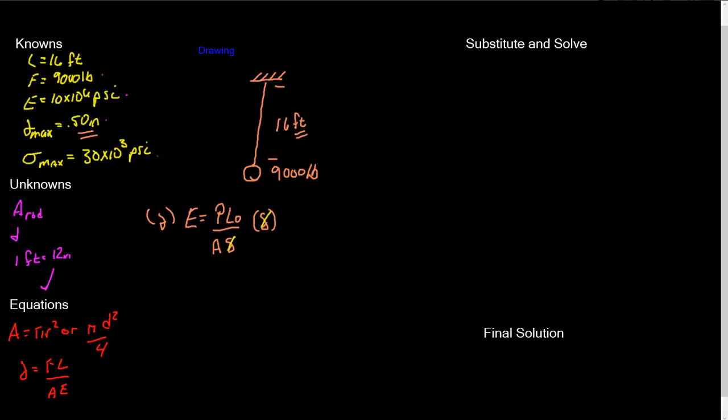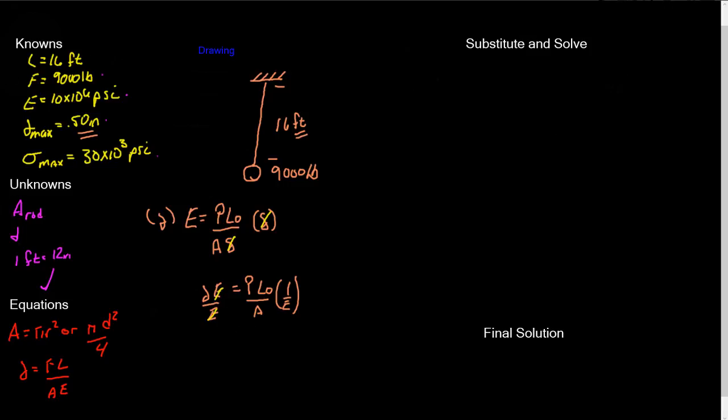Now I'm left with the equation that my delta times E equals the force times the length original divided by the area. Now let me go ahead and divide both sides by E. Once again, you'll see they cancel out.